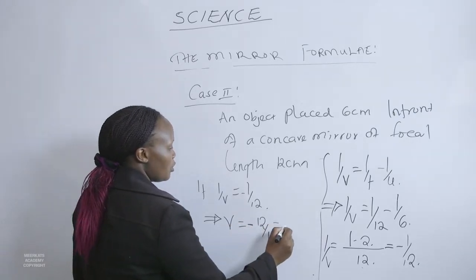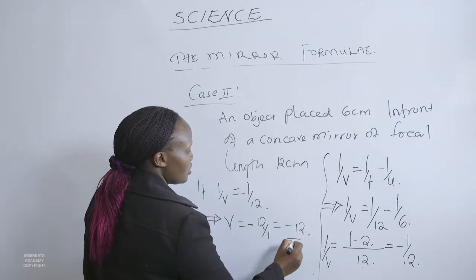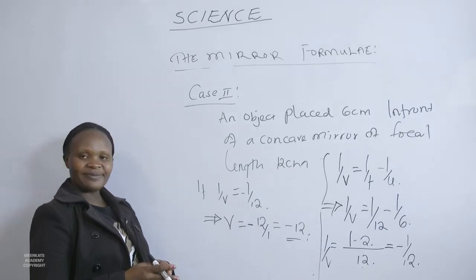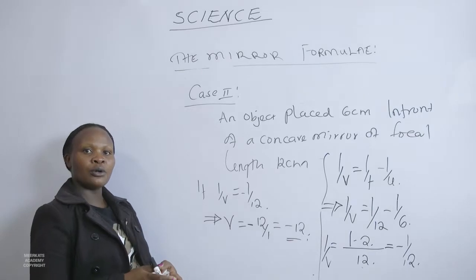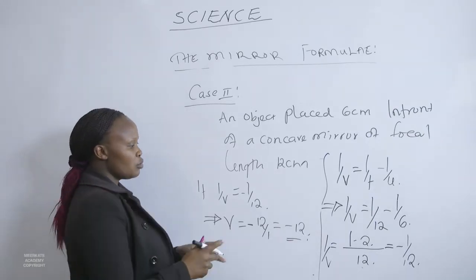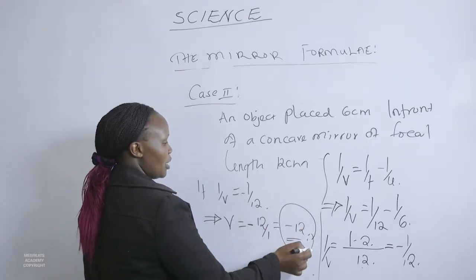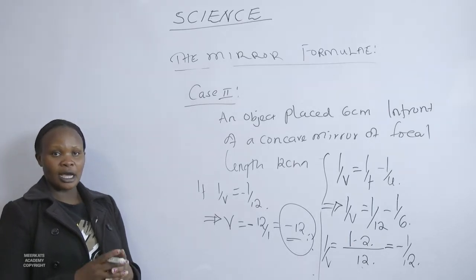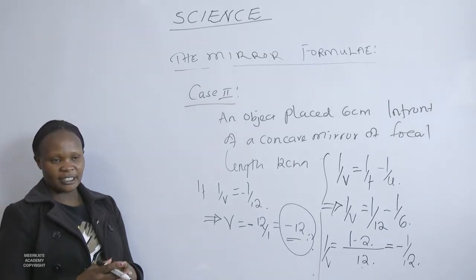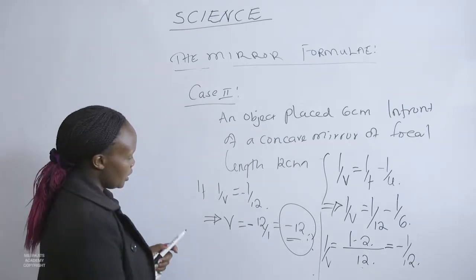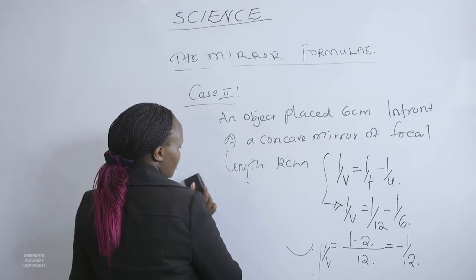That is the reciprocal, which is going to give us negative 12. Now, from what we know about the sign convention, where we have virtual images, the distances are going to be negative.